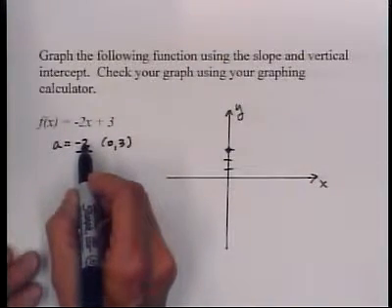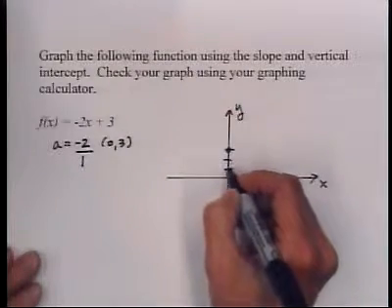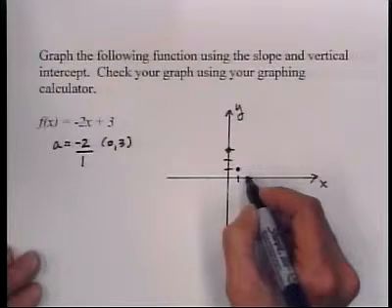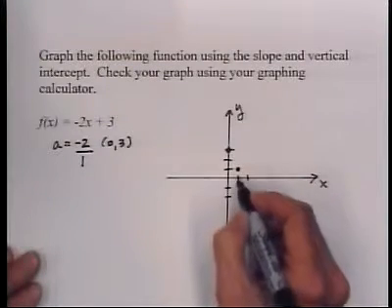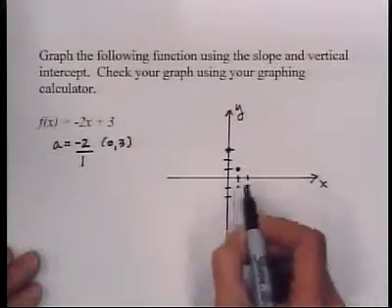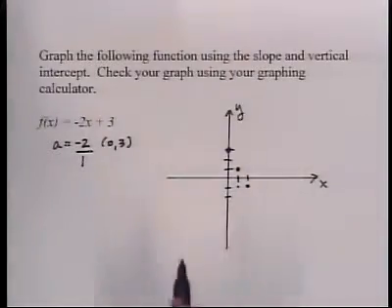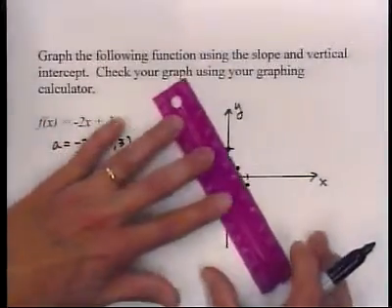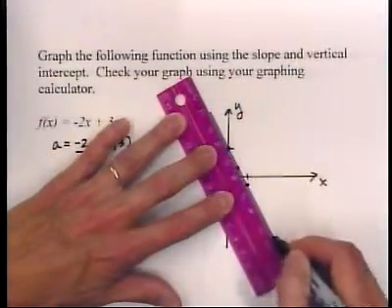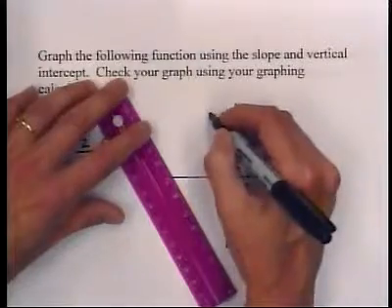This vertical change is down 2, and the horizontal change is to the right 1. Then we might want to carry that out again, so I'll go down another 2 to the right 1. And I'm ready to draw the equation of the line through these points.